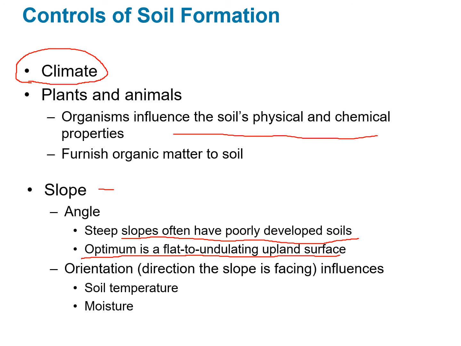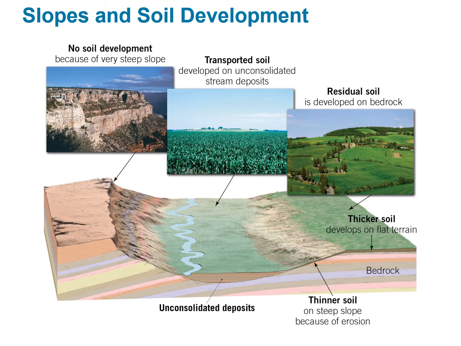And then at high latitudes, when you're closer to the poles, orientation becomes important because if your land is facing one of the poles, for example, it's going to receive less sun, and so that's not as good for soil formation.